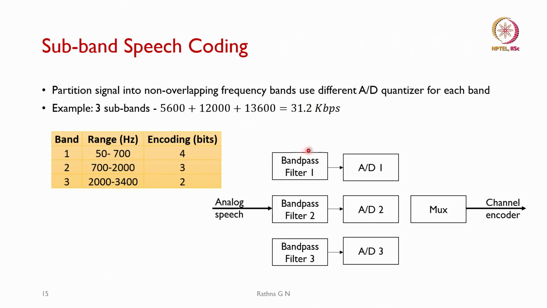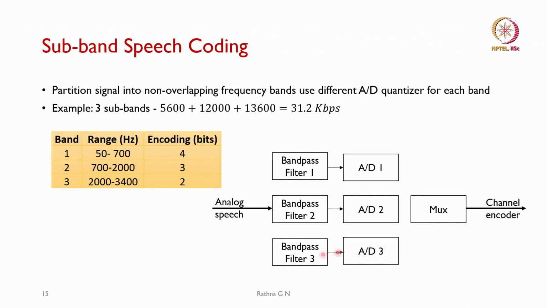So, how does this look? As the name itself says, we are going to have 3 bands. We use a band pass filter in the first stage to pass only 50 to 700 hertz, then a band pass filter in the range 700 to 2000 hertz, and the third range is 2000 to 3400 hertz.